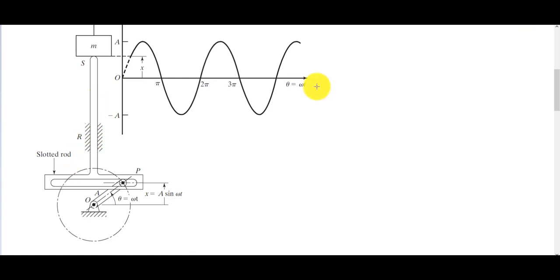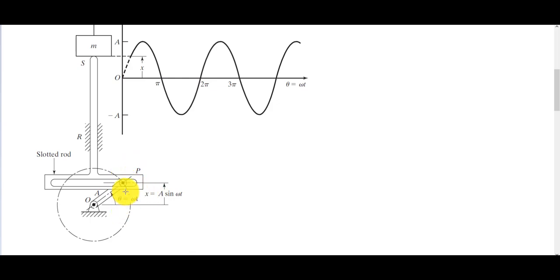Also you will notice here we have the corresponding displacement, which is your x. That is the displacement reciprocating up and down of the bar S here. It also corresponds to the x-axis we have here.